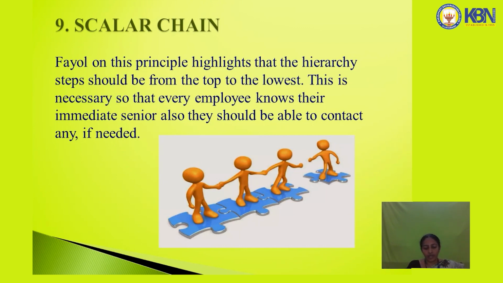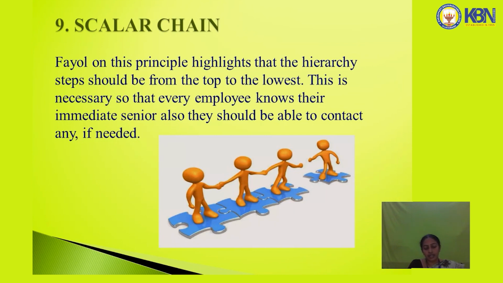Every employee is known to the immediate senior. If 4 or 5 members are working in a particular department, and only the manager gives directions to these 5 members, and they do not talk to each other, they do their work and leave the office after time elapsed.